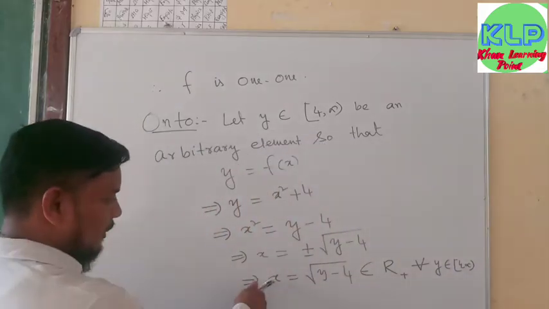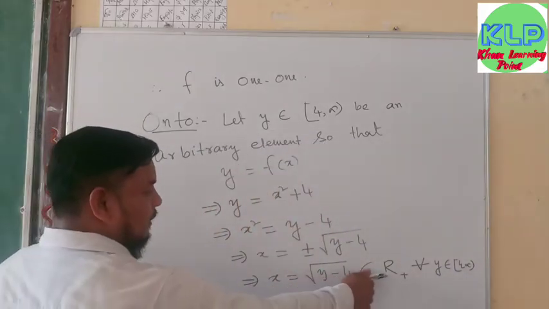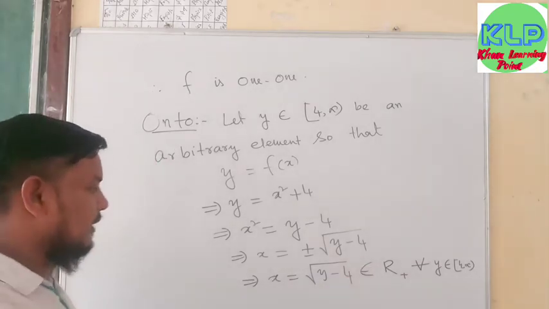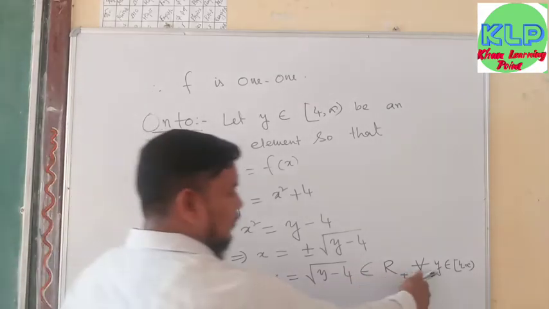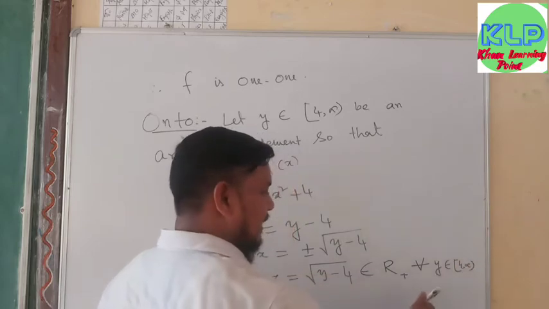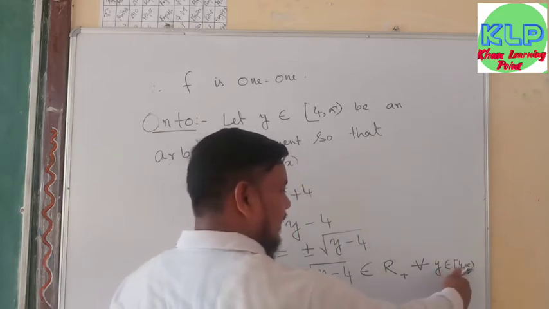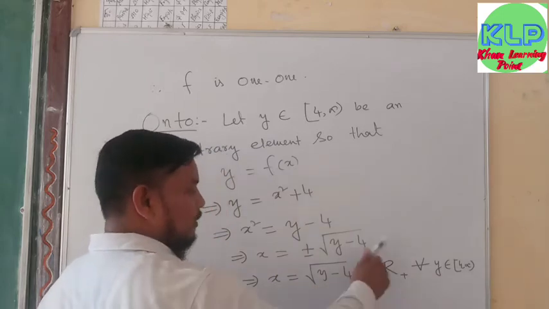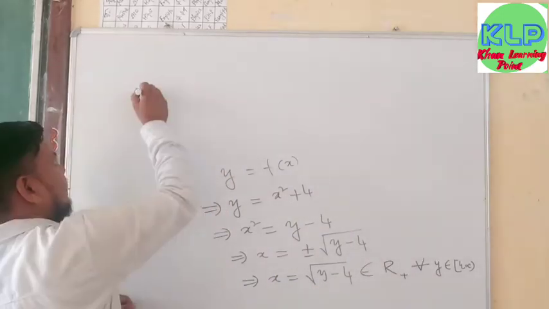Okay, the value of x is root over y minus 4. वो क्या होगा? एक पॉजिटिव नॉन नेगेटिव रियल नंबर हो जाएगा, क्योंकि y का वैल्यू 4 से लेकर इन्फिनिटी तक है. 4 से स्टार्ट करके इन्फिनिटी तक जितना भी वैल्यू इसमें हम लोग पुट करेंगे द वैल्यू विल बी नॉन नेगेटिव रियल नंबर.